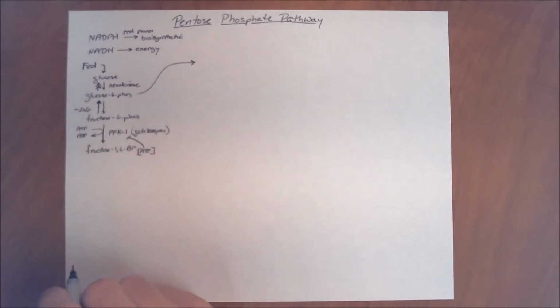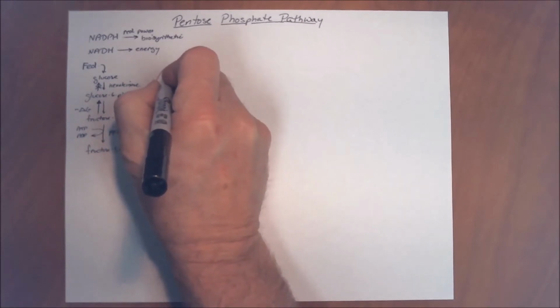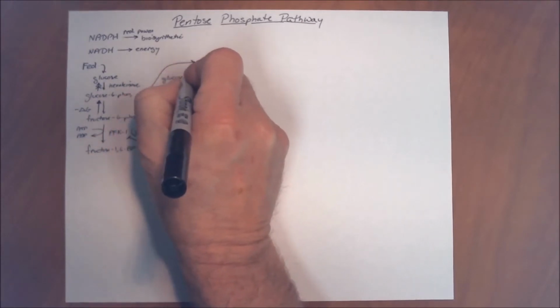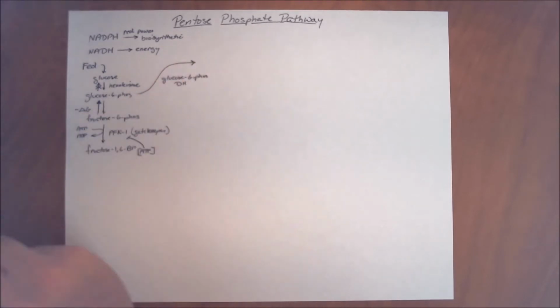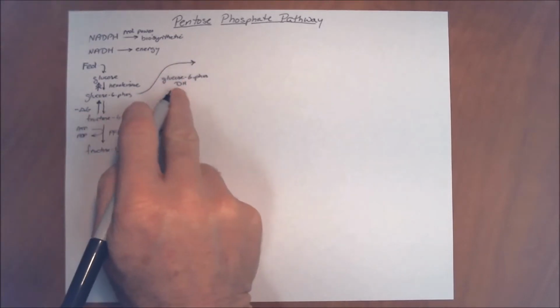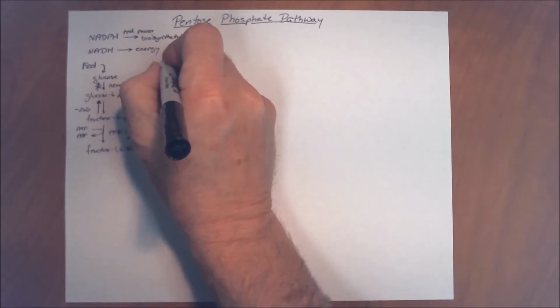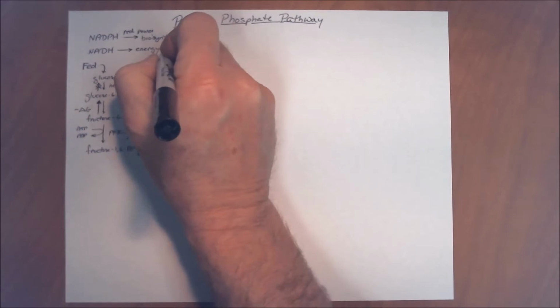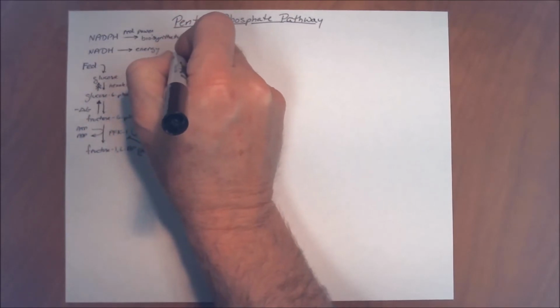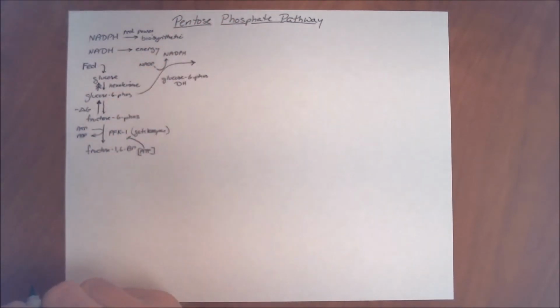So the first step in the pentose phosphate pathway is mediated by glucose 6-phosphate dehydrogenase. Being a dehydrogenase, this is a redox reaction. So this is going to be our first step of generating our first NADPH.